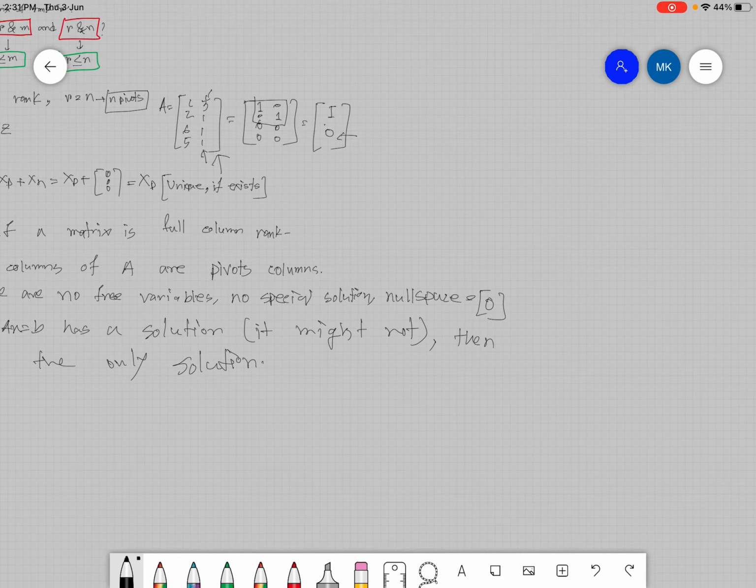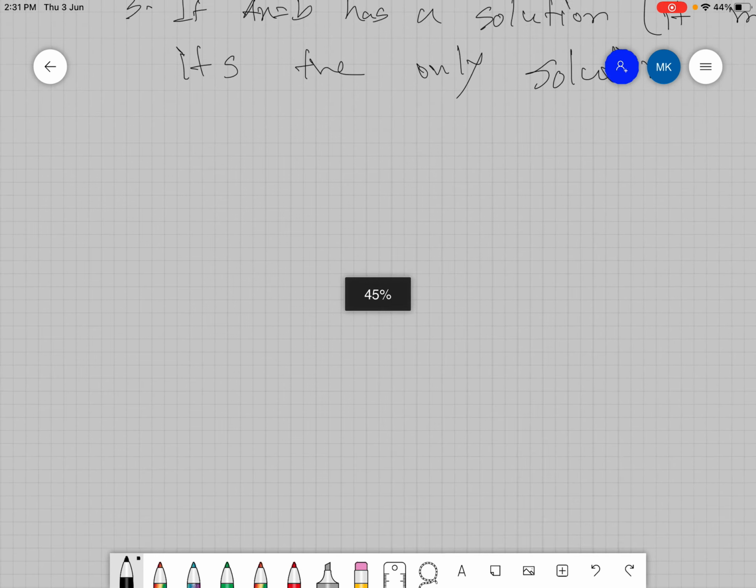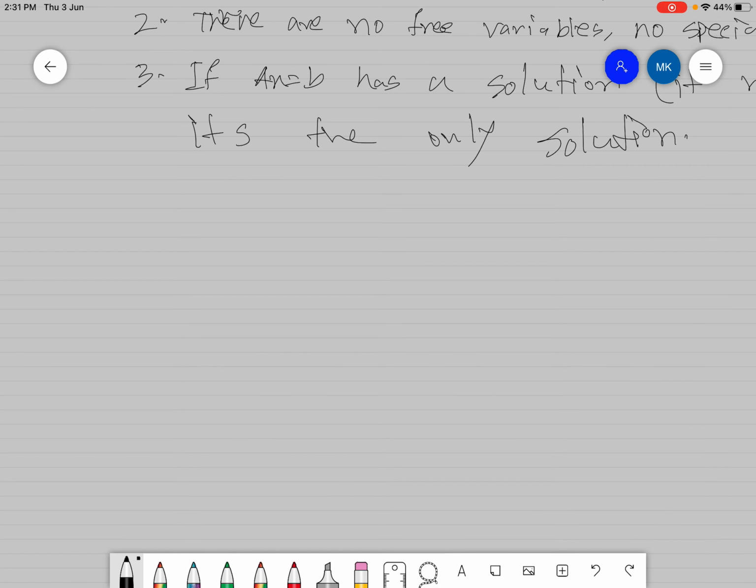Okay, so let's go for case 2. So case 2 is, let's say the matrix is full row rank.